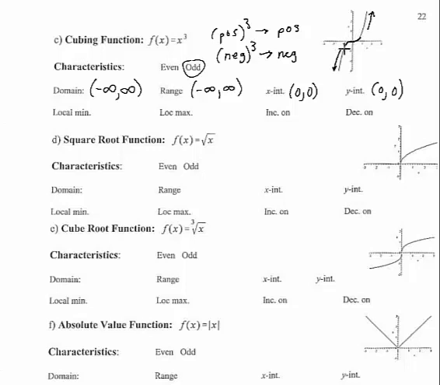If you put in a larger x value, you will always get back a larger f of x value. So we don't have a minimum or local minimum, and we do not have a local maximum. The cubing function does not go up and come back down. It simply goes up, slows down, but still increases, and then continues upward.